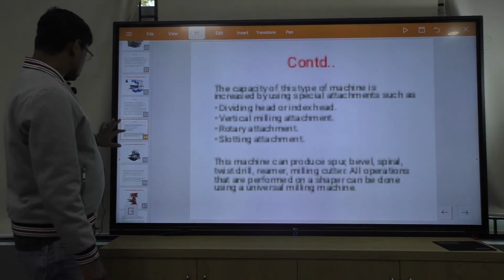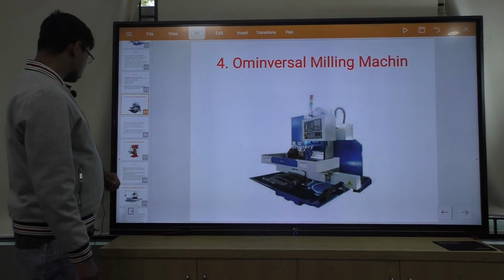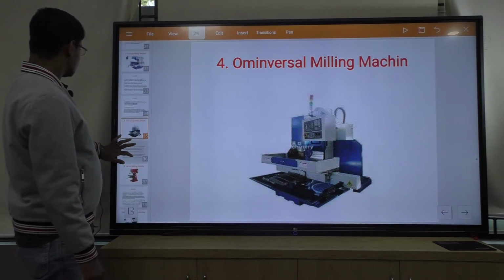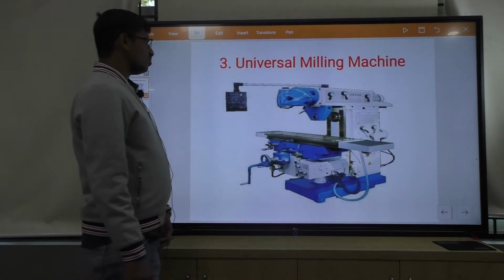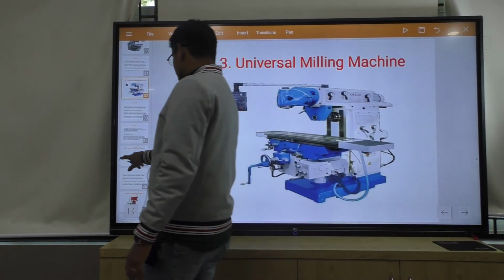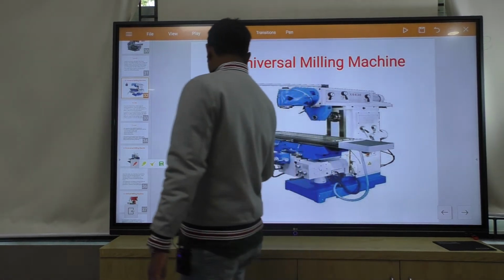Then, universal milling machines. What do you mean by universal milling machines? Plain type milling machines have the same functions as universal milling machines, but here an extra motion is produced.